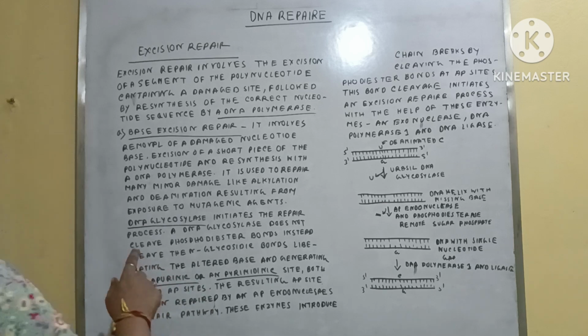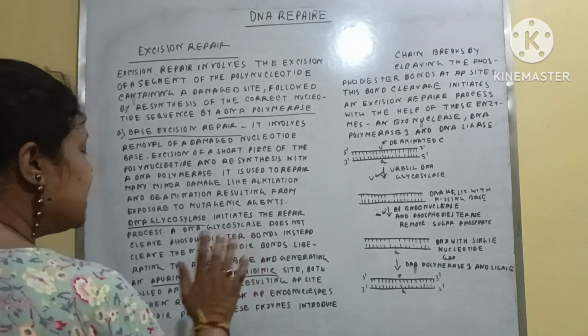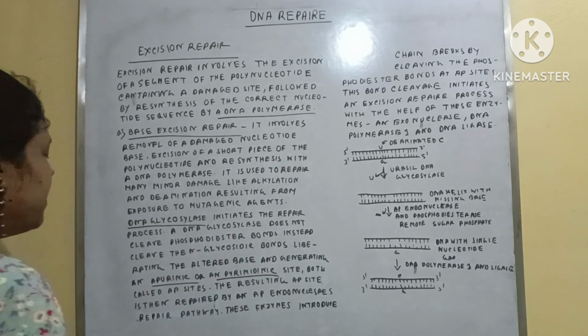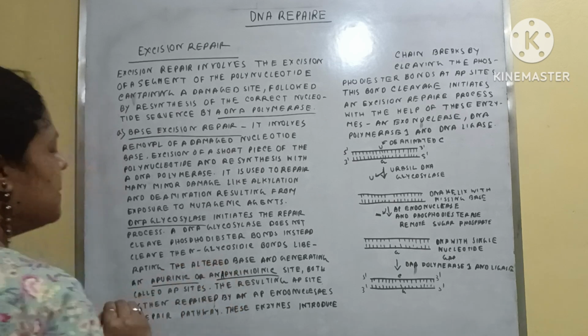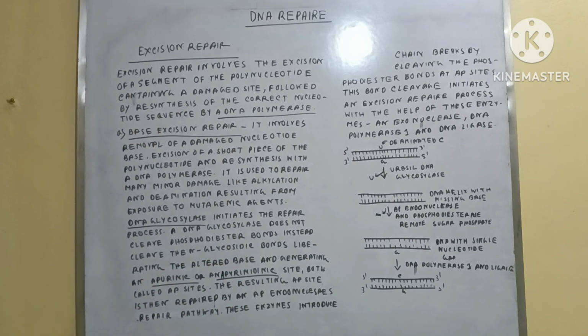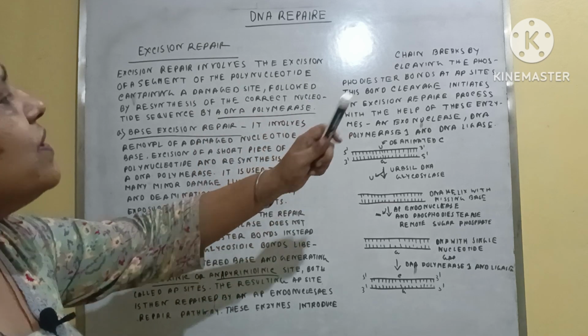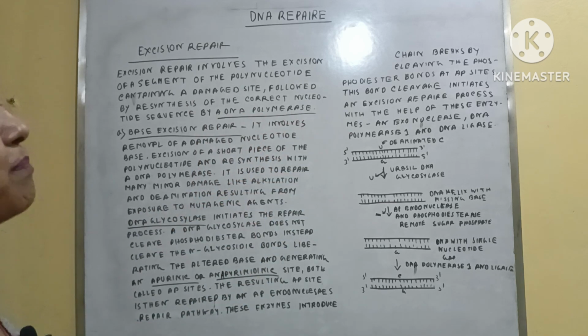AP site means apurinic or apyrimidinic site, that is, without purine or pyrimidine base. The resulting AP site is then repaired by AP endonucleases, and these enzymes introduce chain breaks by cleaving the phosphodiester bonds at the AP site.